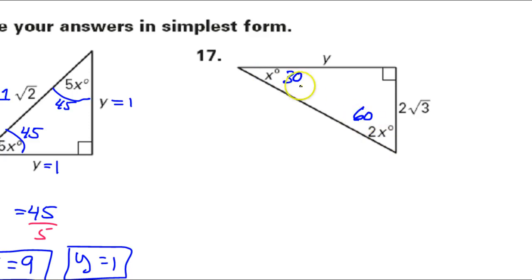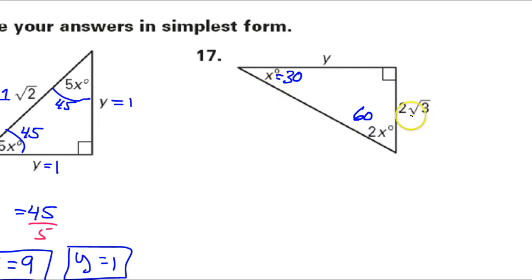So this angle has to be double this one, and yet they all have to add up to 180 degrees. The only way for both of those things to be true is if we do have a 30 degree angle, a 60 degree angle, and a 90 degree angle. So x is 30, alright, we're halfway there.